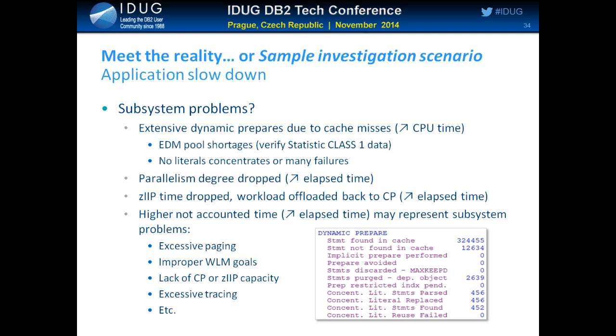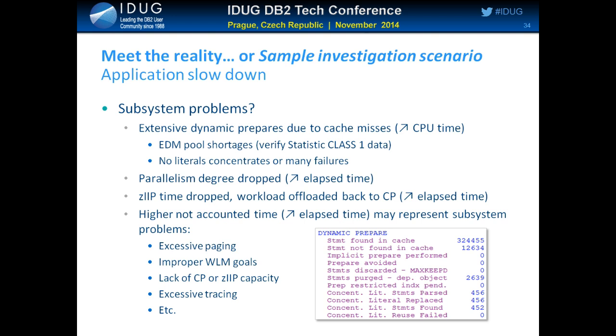For example, maybe you don't have enough EDM pool space, so you have a lot of shortages, the statement wasn't found there, so there was excessive preparing. Or with literals, it couldn't find anything in the cache, so it had to prepare again. Or maybe the system thinks it is too busy and drops the parallelism, then it will take longer.